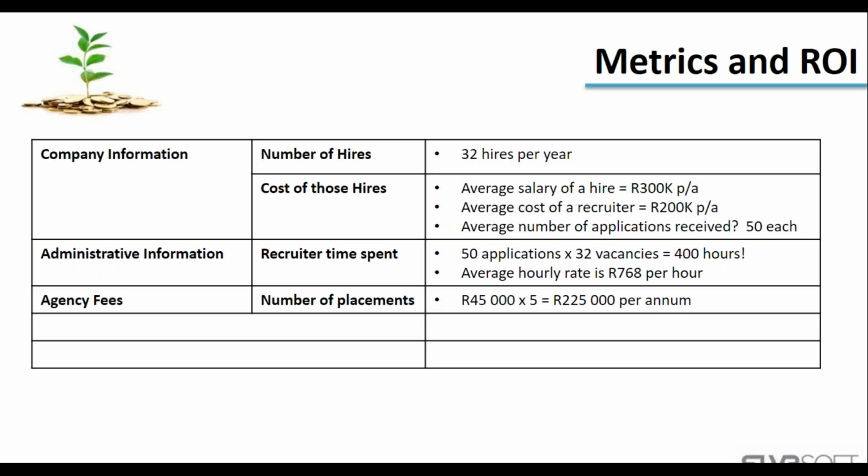And we've worked out the number of agency fees will be about 225. So the total spend for the year that we would do in recruitment, if we take the time cost, the number of hires, in this case would be 532, just over half a bar for only 32 hires.